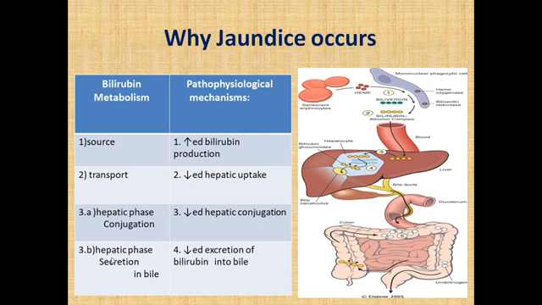And fourth step, hepatic phase secretion in the bile. If there is some blockage, either intrahepatic or extrahepatic, which decreases or completely obstructs release of this bilirubin into the bile, it leads to conjugated hyperbilirubinemia.